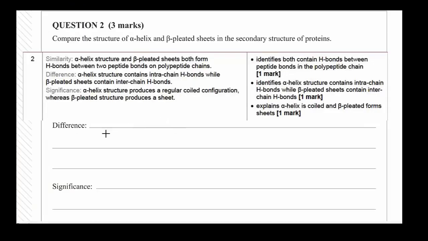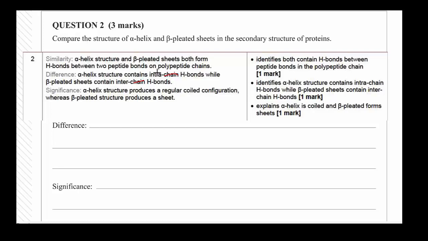Now, here once again, we're trying to go for two similarities, two differences, and two significances, and they've only really gone for one. Also, they've gone for intra-chain, so I prefer that word chain to be honest, but intramolecular and intermolecular is the proper word.